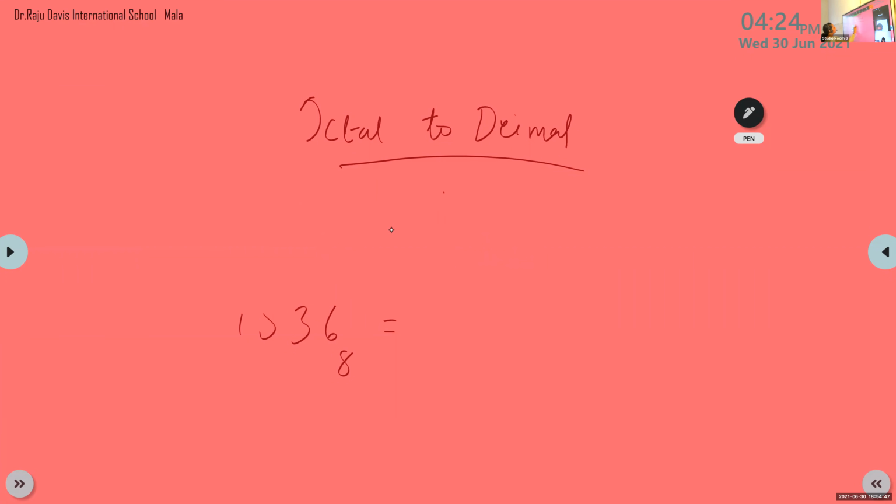I will give one fractional number: 21.21 to the base 8. Here the position values are 8 raised to 0, 8 raised to 1, and for the fractional part 8 raised to minus 1, 8 raised to minus 2.